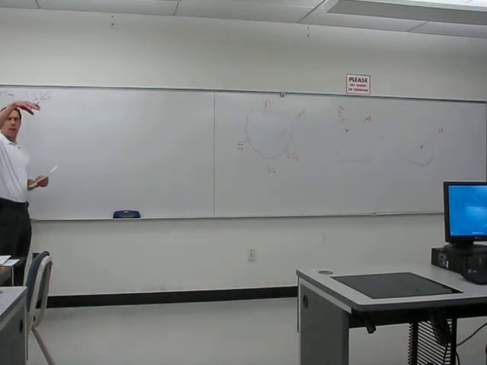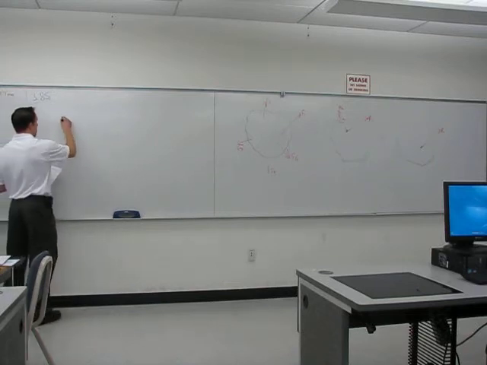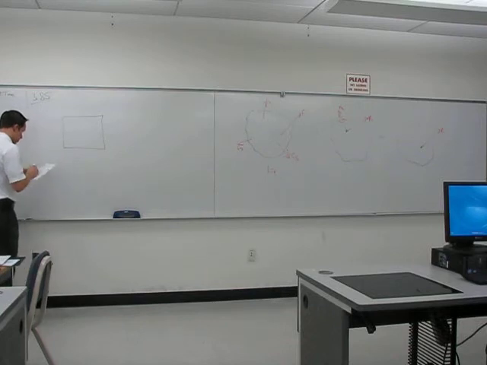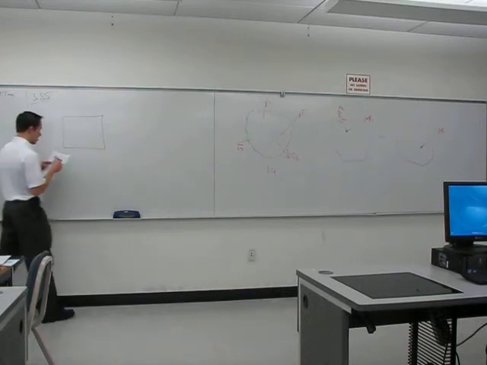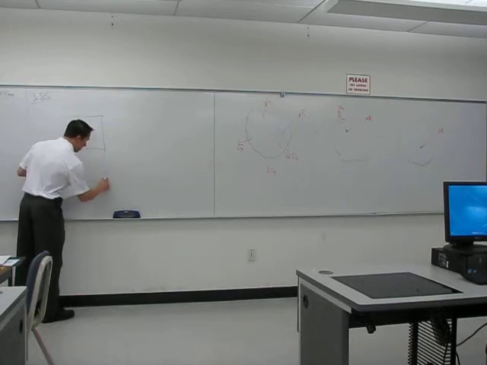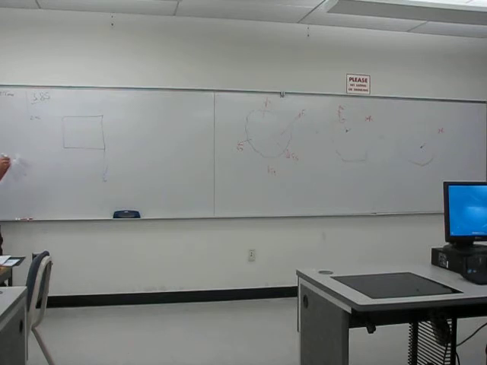So if we were to take a bird's eye view here, if we were to be sitting on top of the Y-axis looking down on the top of this box, we would see something like this. So the box would be maybe like this, and the X and the Z axes, let's see, the X axis would be coming down this way, and the Z axis would be coming over this way.